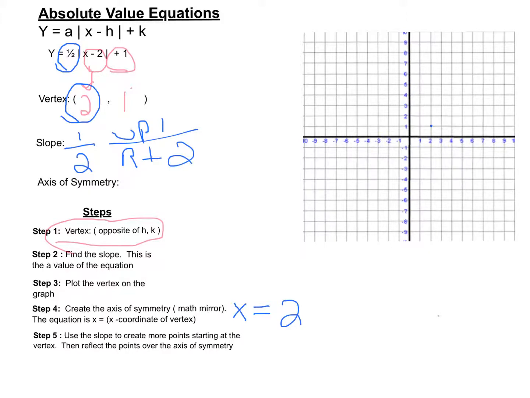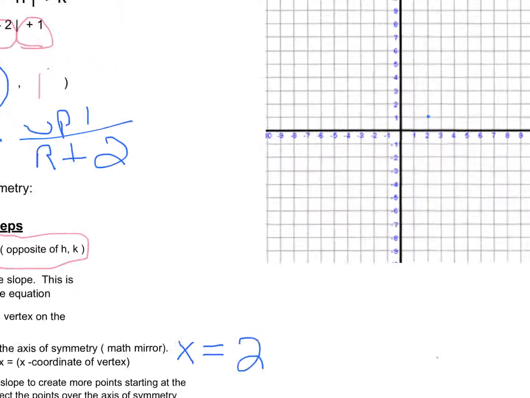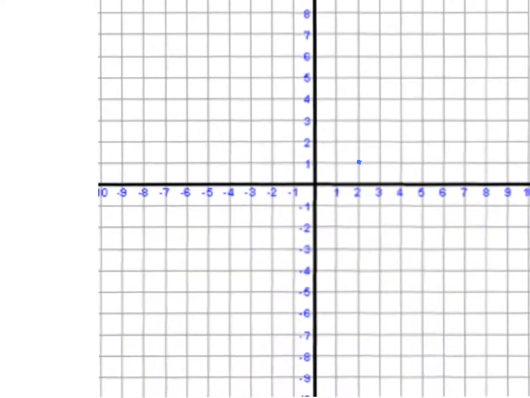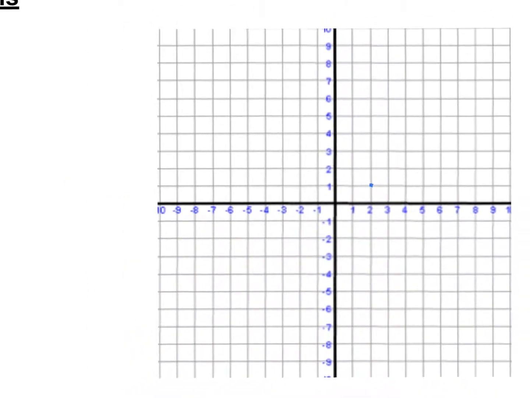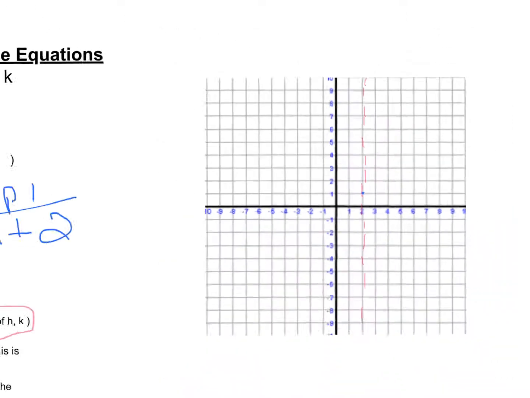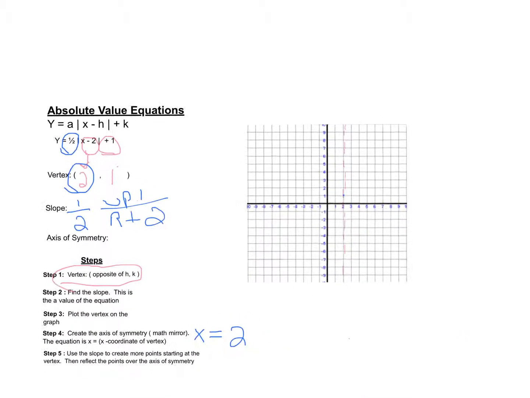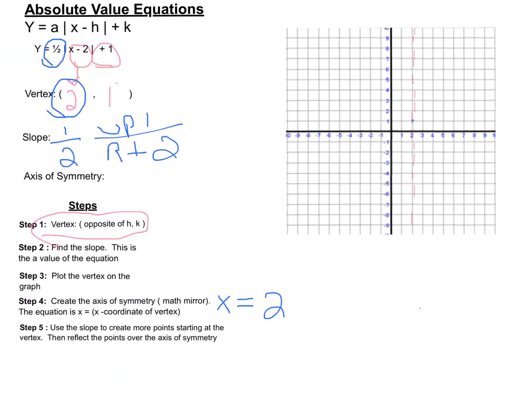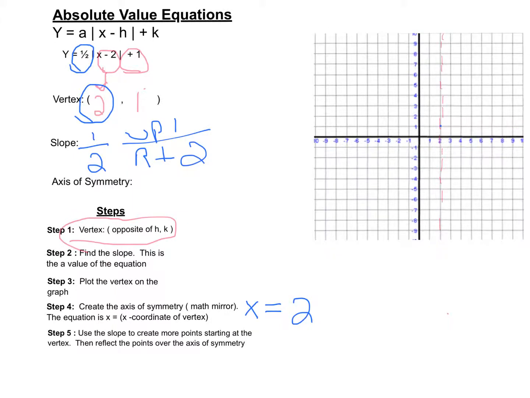So I'm going to create a vertical line through x equals 2. That's not going to be perfect, but again, doing my best here. Okay. Let me scroll back out. Oop, too far. And scroll up and in.